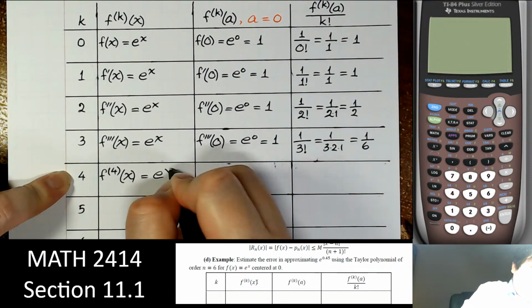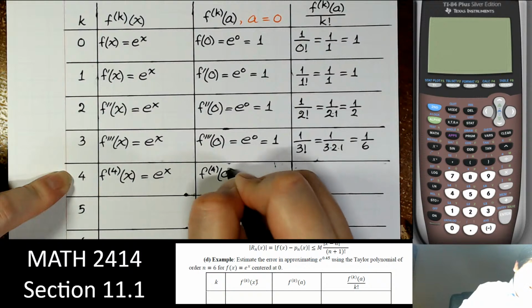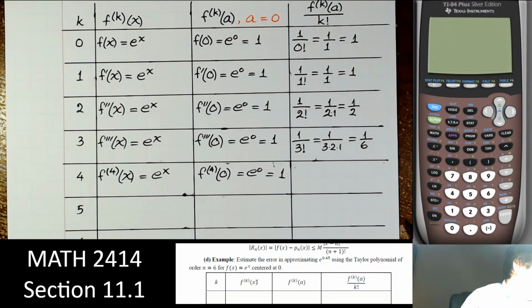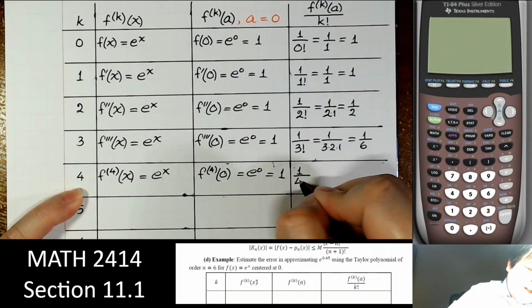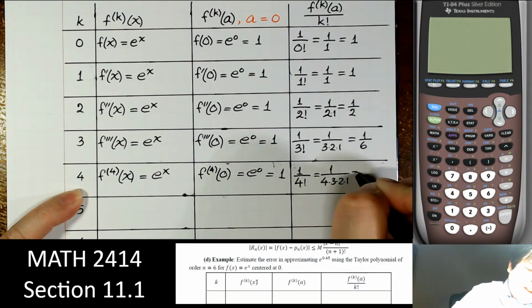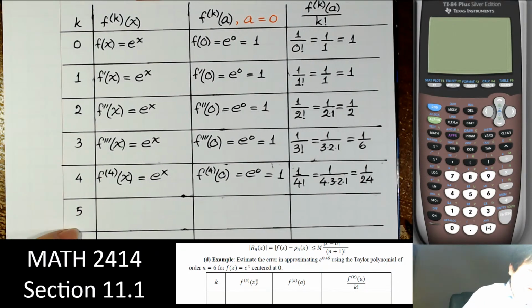And the derivative is still e to the x, and the values are still 1. And we'll take that and divide by 4 factorial: 4, 3, 2, 1. And 1 over 24, and then 5.